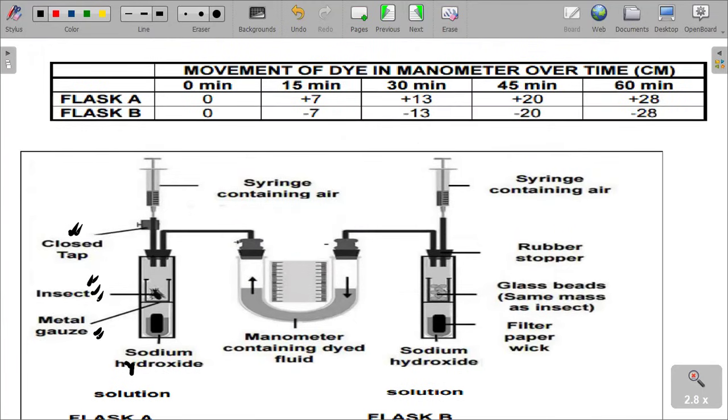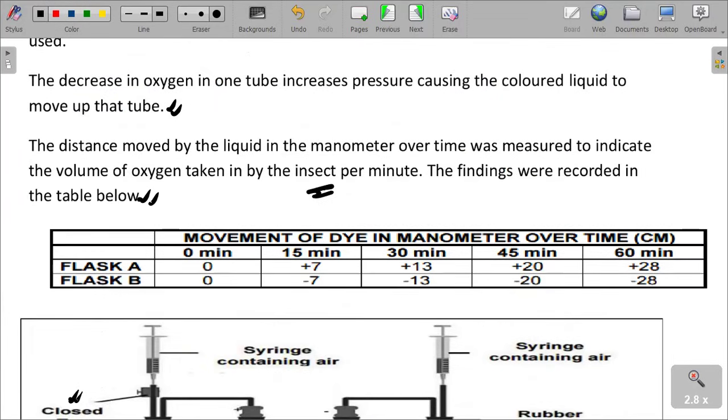If you read the narrative, it shows that the distance moved by the liquid over time is measured to indicate the volume of oxygen. We will need to measure the volume of oxygen taken in by the insect per second, per minute, shown in this table. So this is to determine if living organisms require oxygen for what?